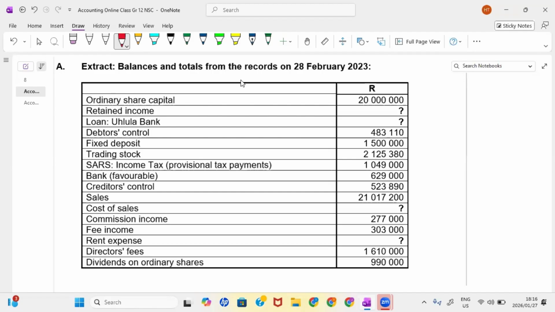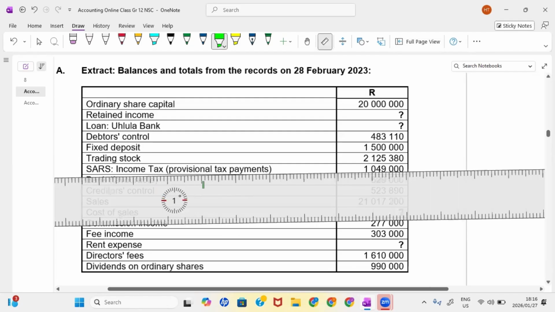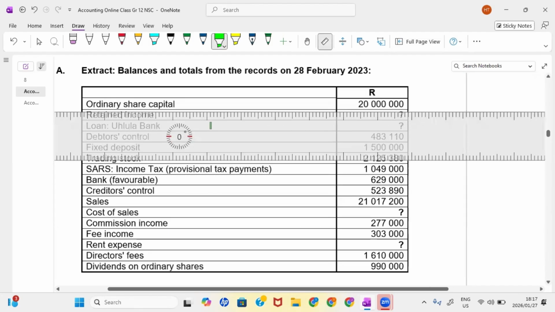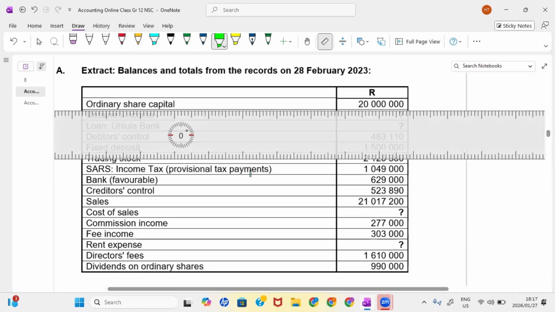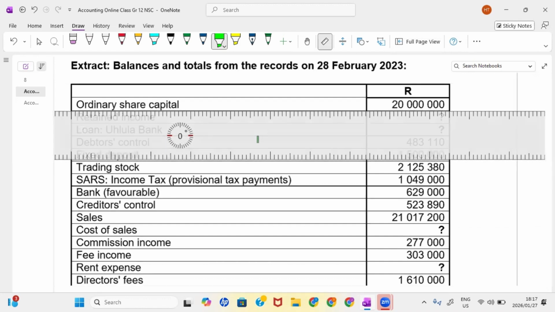So, okay, we will start with the first one. I think I gave it away, but let's just go for it. The first item being ordinary share capital. Where does it go? The statement of comprehensive income or the statement of financial position?